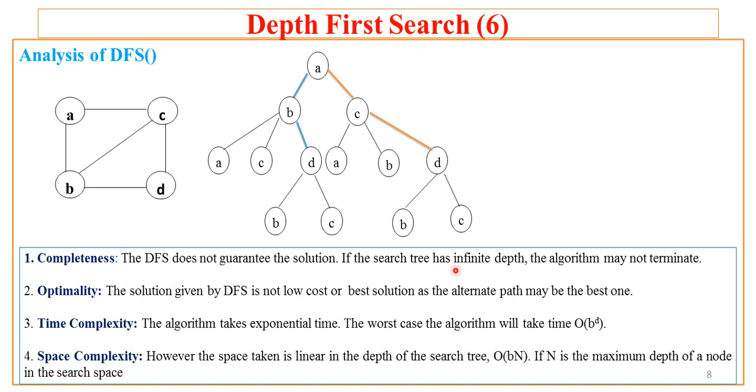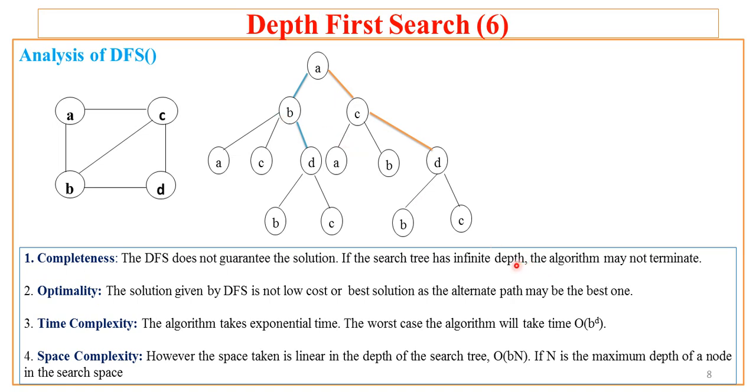DFS algorithm will not guarantee the solution because the state space is infinite. In case of 4 nodes, this is the state space. What if you have 10 nodes? Just imagine what will be the state space.